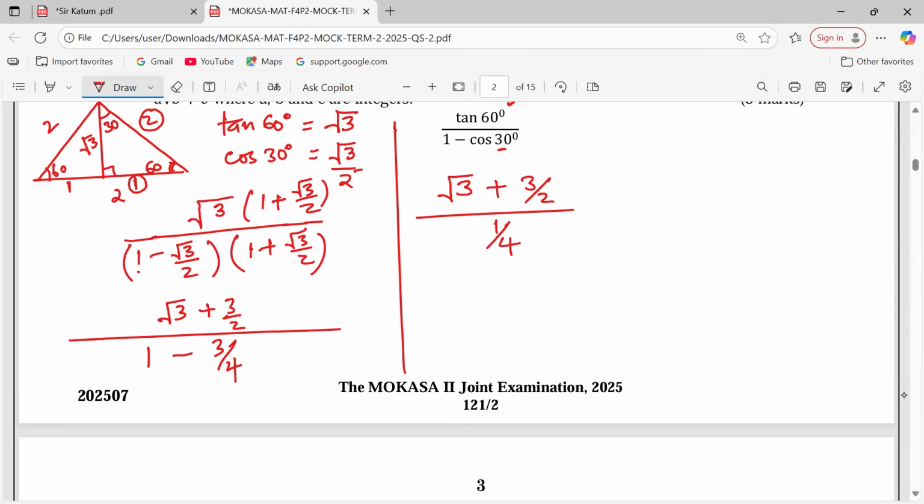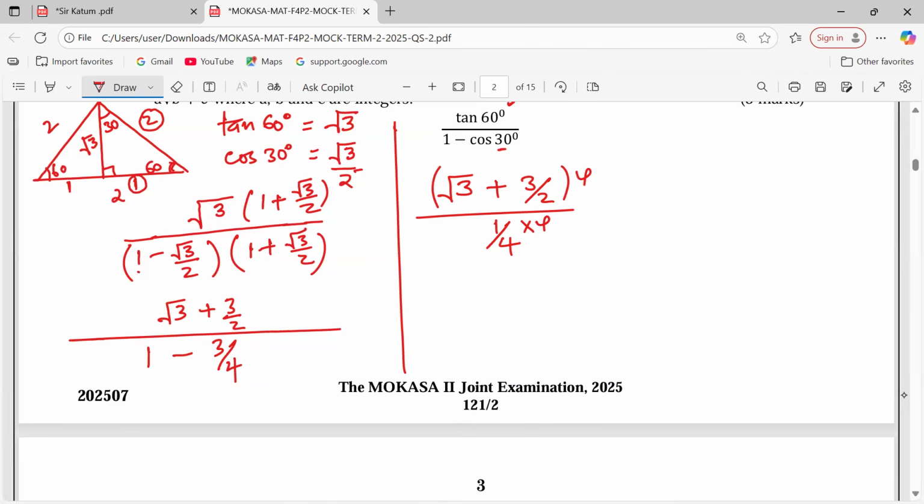To divide by a quarter means that we can multiply everything by 4 now, so that at the denominator we don't have anything. So we multiply by 4 and also everything here by 4.